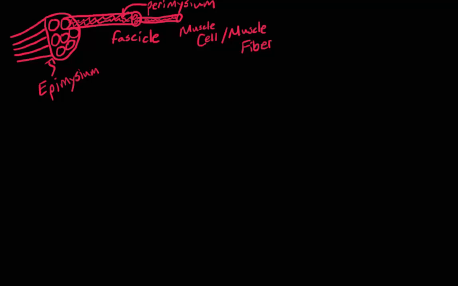Okay, so the endomysium will encase all of these muscle fibers. And so these are three different levels of organization, all the way down to the muscle fiber, which is the actual muscle cell.